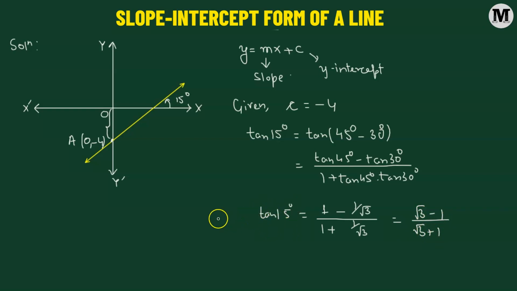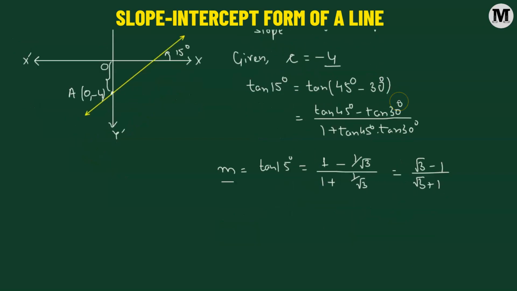Now the tangent of any angle is nothing but the slope of that particular line. So now we have the value of the slope, and we also have the y-intercept. We can substitute these values into the slope-intercept form of the line, and that's going to give us the equation of the straight line.